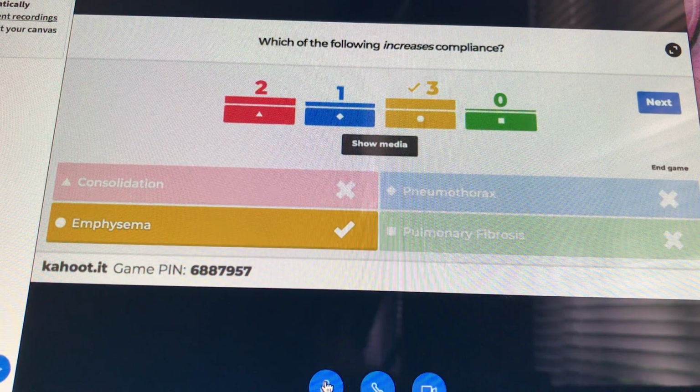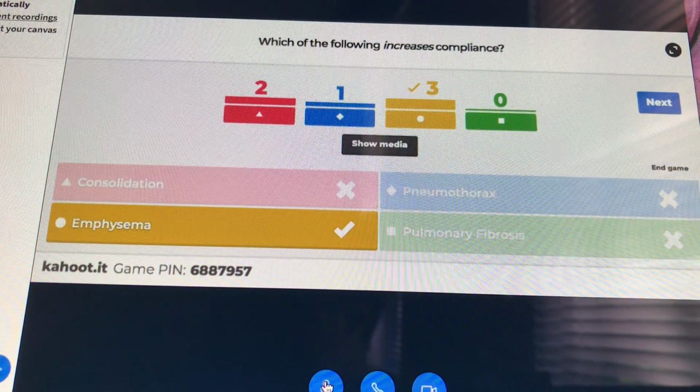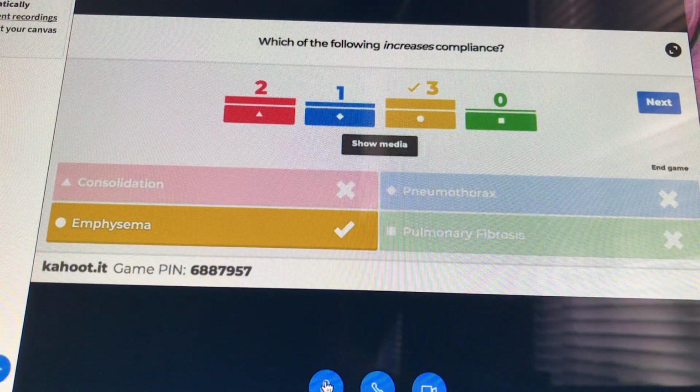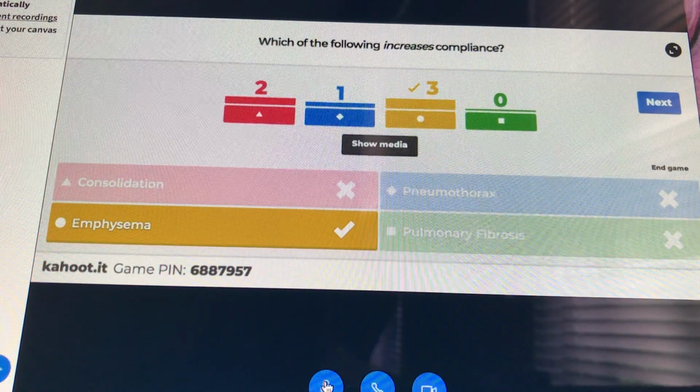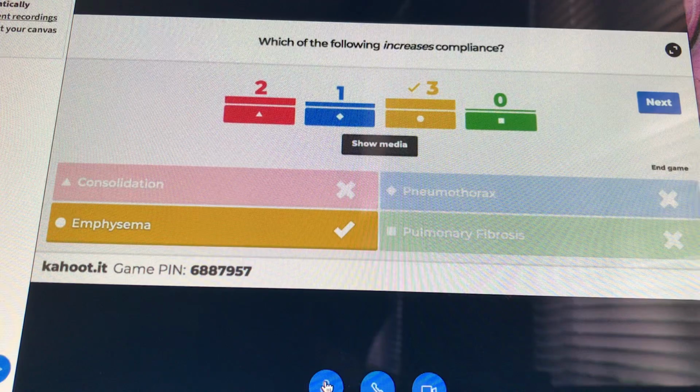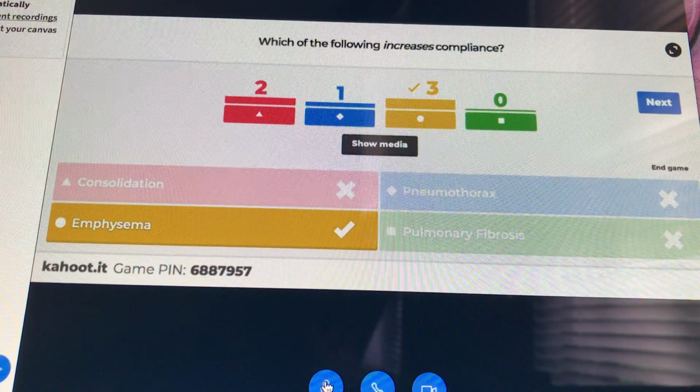Emphysema is the only disease process here that's an obstructive disorder. So if you remember that, then of course that would increase compliance, or again, just process of elimination. All the other ones are restrictive. The only one that is not restrictive is emphysema. So of course it's got to be that one. You can't pick consolidation or pneumo or pulmonary fibrosis because they all act the same way. Does that make sense? Yes. How would you pick one if they all act the same way?